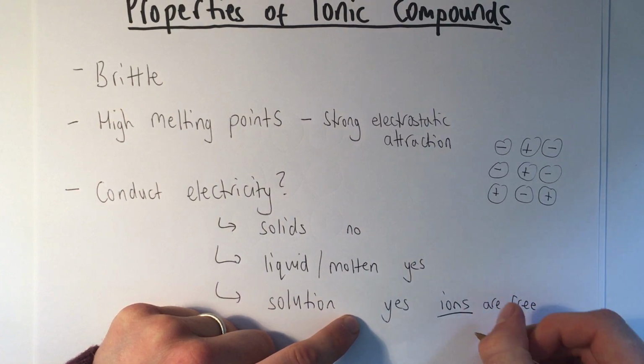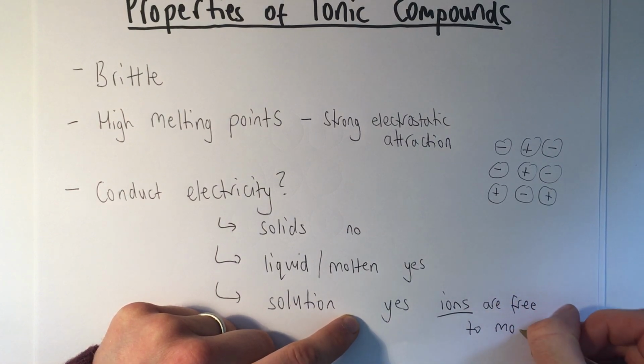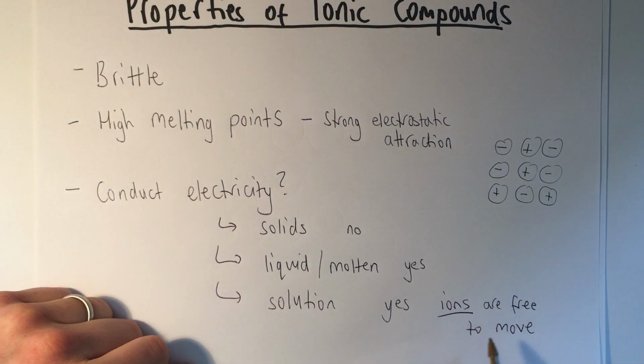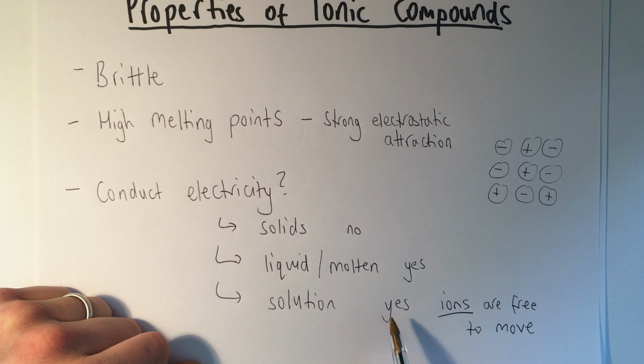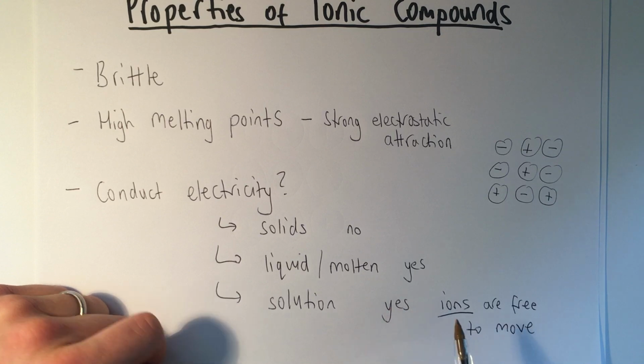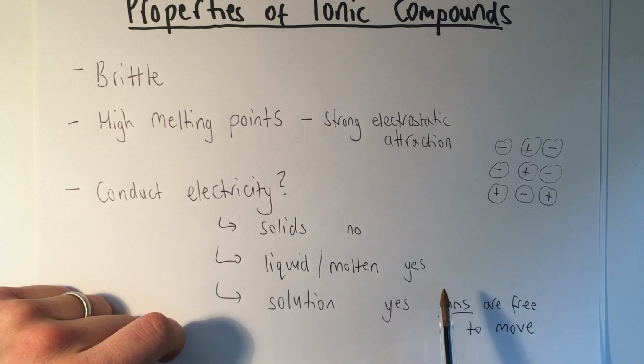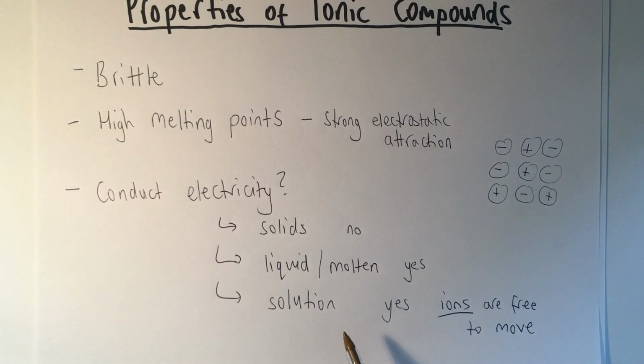This is different to in a metal. In a metal, the reason a metal conducts electricity is because the delocalized electrons can move around. The reason why in salt water or any kind of ionic compound dissolved in water it can conduct electricity is because the ions themselves move around and carry the current.